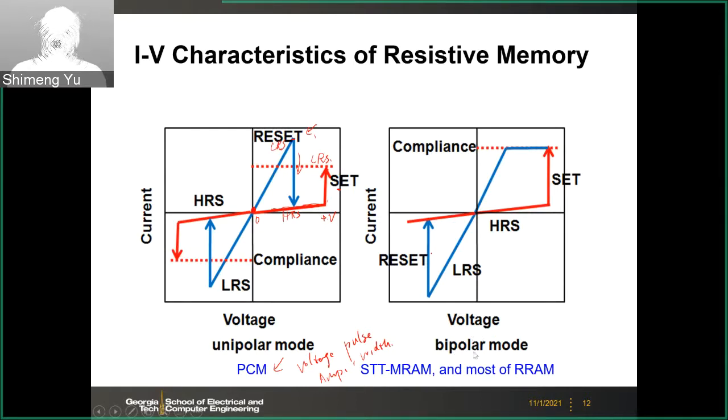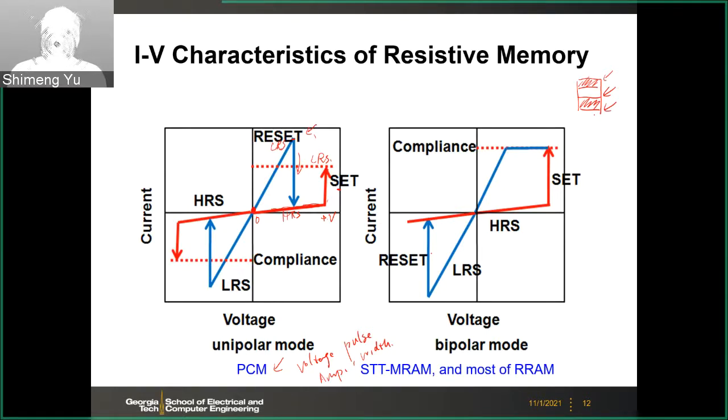And then bipolar mode means that you have to be careful about the voltage you apply. Typically you have to define the reference polarity. For example, they have 3 layers, typically top electrode, bottom electrode, and in between you may have this oxide or thermal barrier. For the STT-MRAM, it is the 3-layer pin layer and the MgO in the middle.